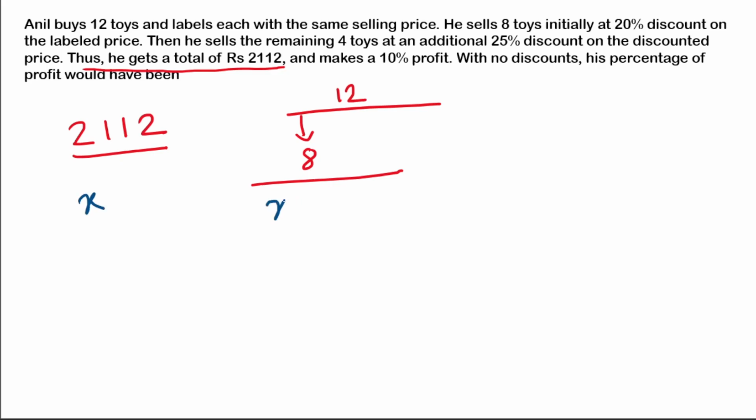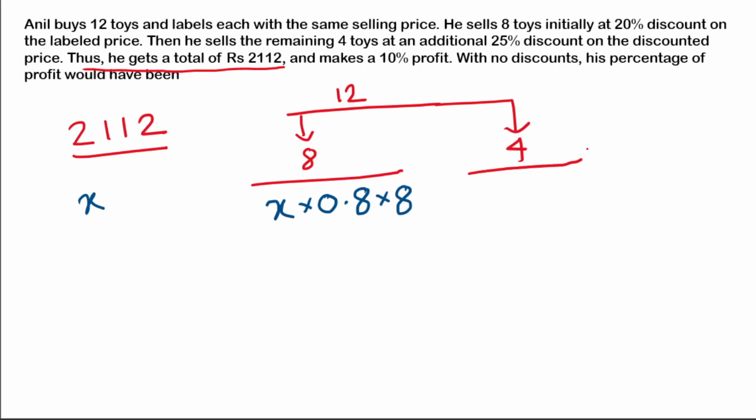So x with a discount of 20%, that is 0.8 of the level price, he is selling this into 8, that is the amount that he has sold. And again, he has also sold 4 toys.